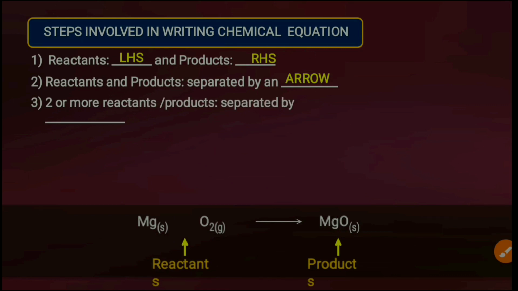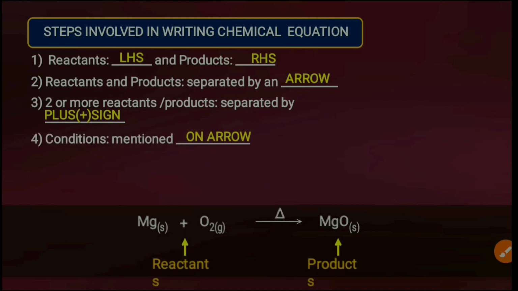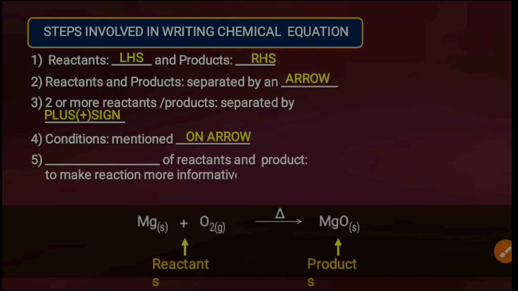If two or more reactants are there, they are separated by a plus sign. The conditions mentioned on the arrow mark show what type of condition is required for the reaction. The physical state of reactants and products is shown to make the reaction more informative. Physical state means whether it is gaseous, solid, liquid or semi-solid, whatever it is, the physical state it will show.